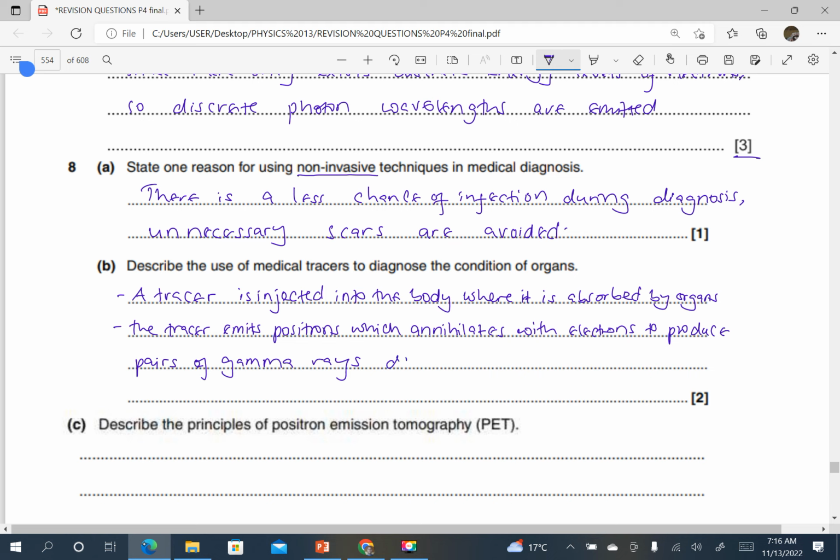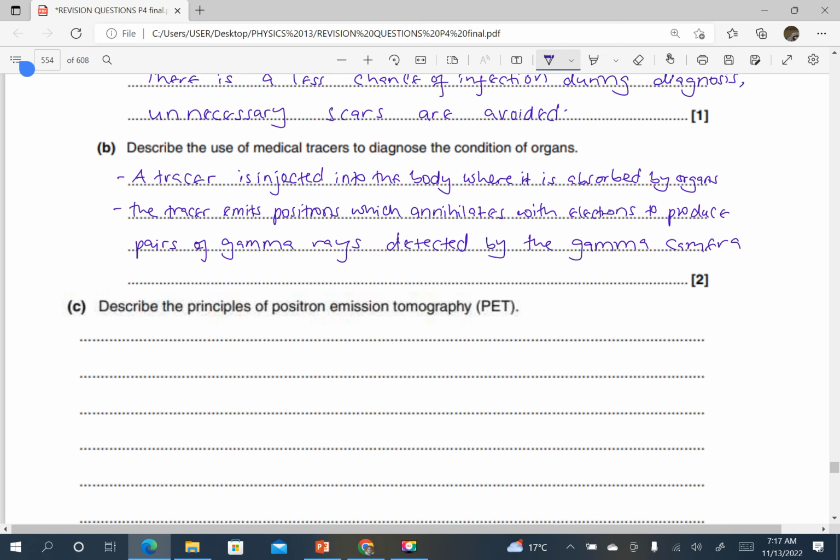And these are detected by the beta detector or the gamma camera, whatever you want to call it.